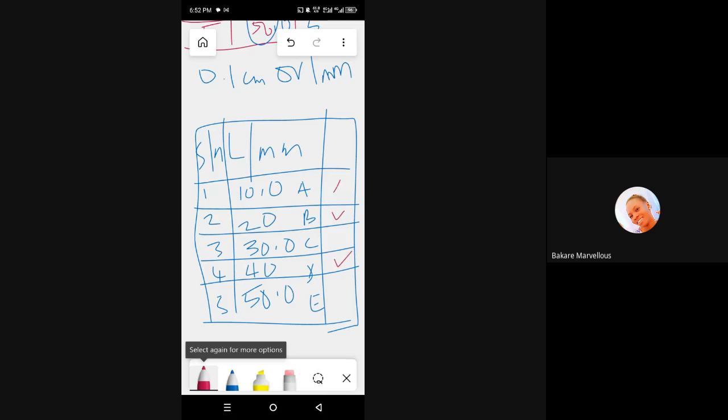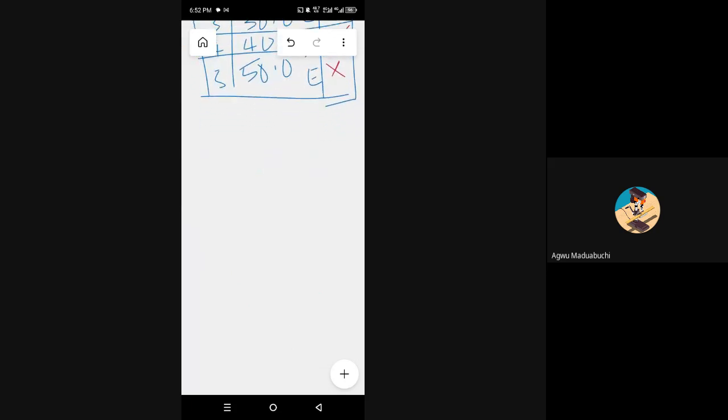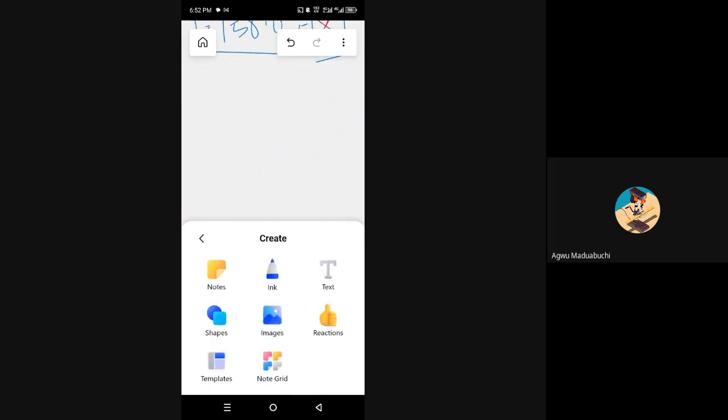A, C, and E are wrong ways of recording a measurement made using meter rule in mm. Has everyone gotten the point? Yes, sir. Very good.